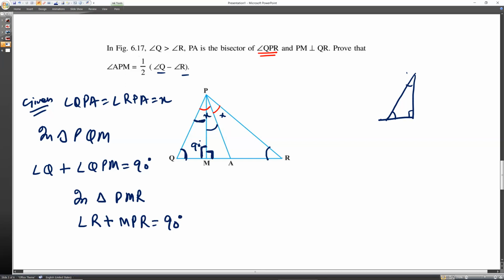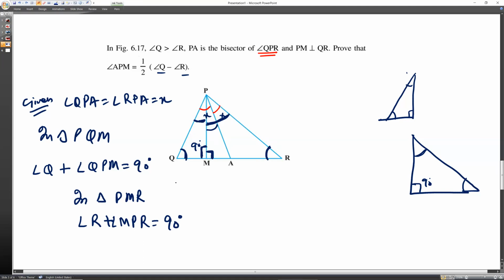Got it? MPR means this whole angle. If I talk about this whole angle and this angle, the sum will be equal to 90 degrees. Why? Because this whole angle MPR plus this angle should be equal to 90 degrees.